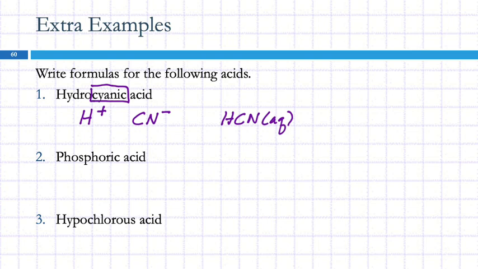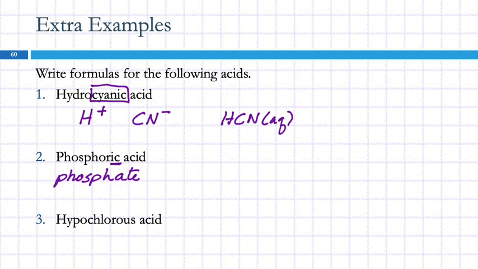Phosphoric acid. Oxyacid or other kind? Oxyacid, because it doesn't have hydro. So let's see if I can do it right this time. Phosphoric comes from phosphate or phosphite? Ic goes with ate. So this is from the phosphate ion.